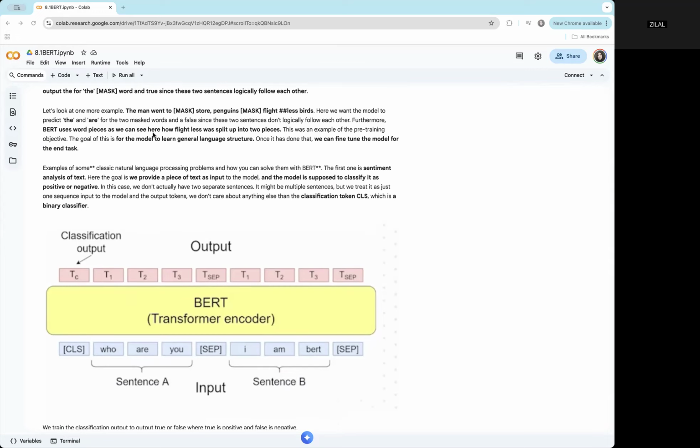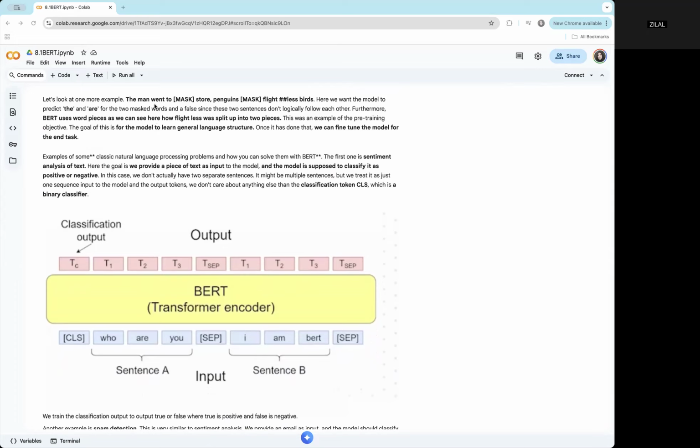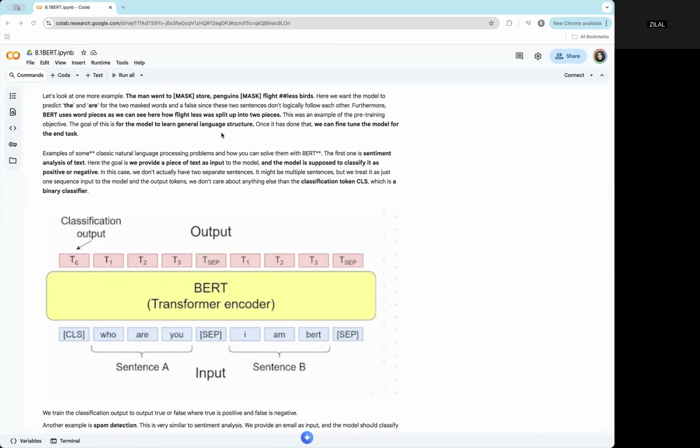Let's look at one more example. The man went to [MASK] store. Penguins [MASK] fight less birds. Here we want the model to predict "the" for this mask word and "are" for the second mask word, and to predict false since these two sentences don't logically follow each other.